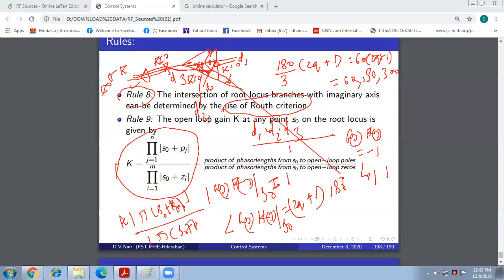If I'm taking the point S naught, S will be S naught. So this magnitude should be equal to 1, right?